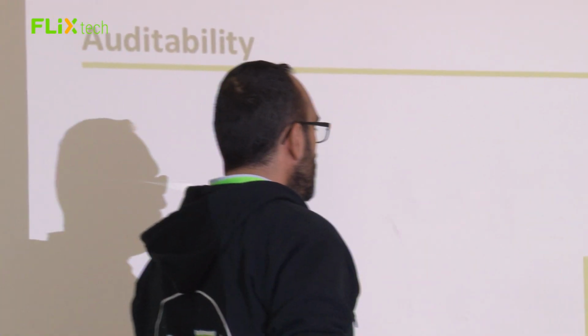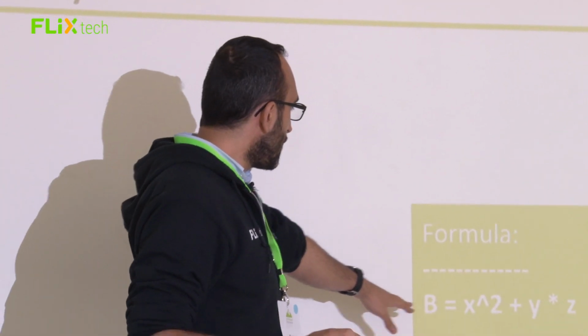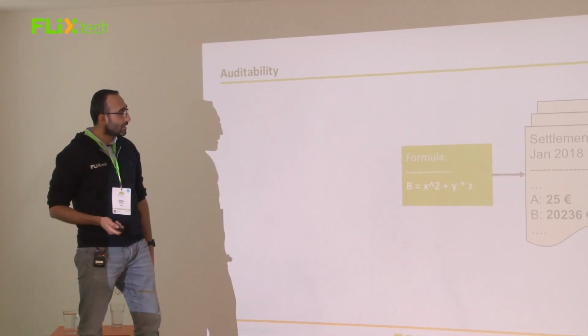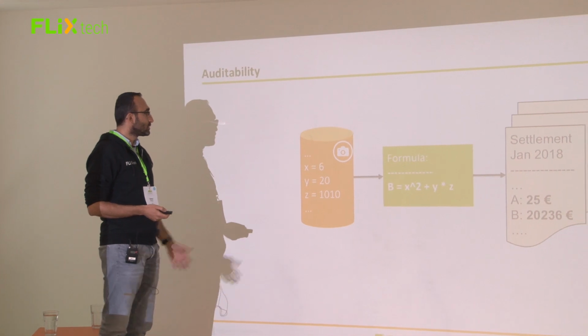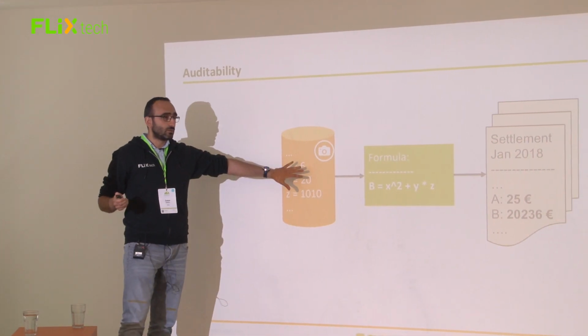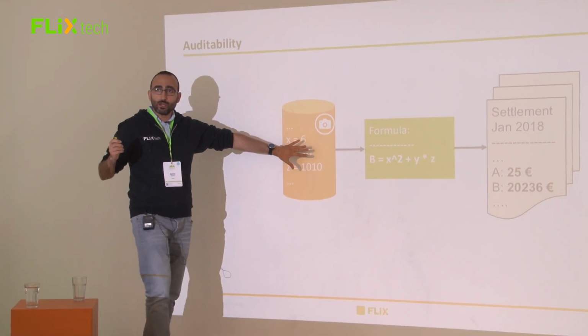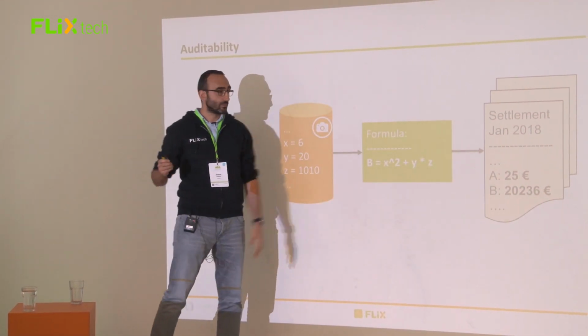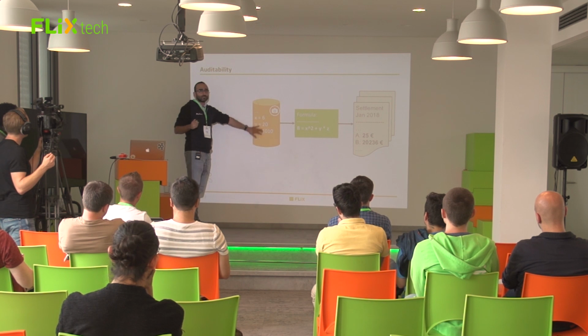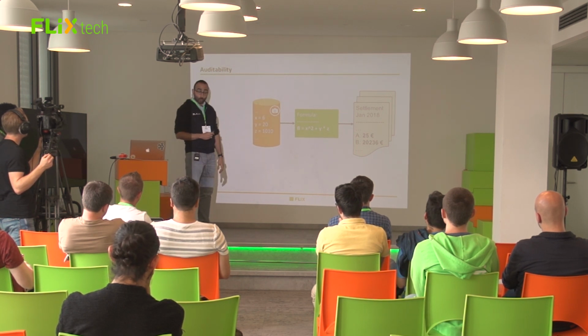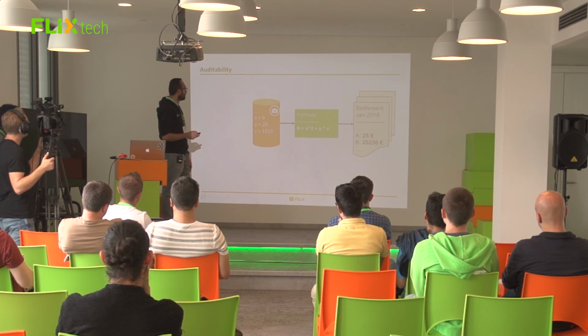So we should track the formulas, and we have some parameters in the formula. These parameters had values at that time. We should go back to the state of our models at the point in time when we generated the settlement. So the auditor can see all values and scan the whole models at that point in time.